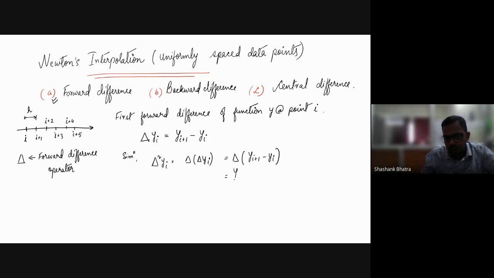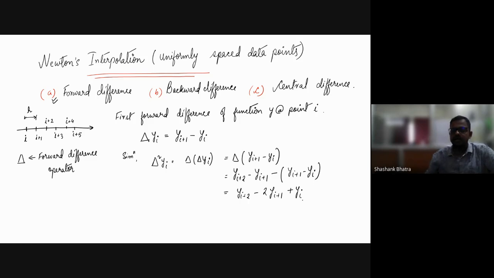So this will be yi plus 2 minus yi plus 1, minus yi plus 1 minus yi, which in turn results in yi plus 2 minus 2 times yi plus 1 plus yi.